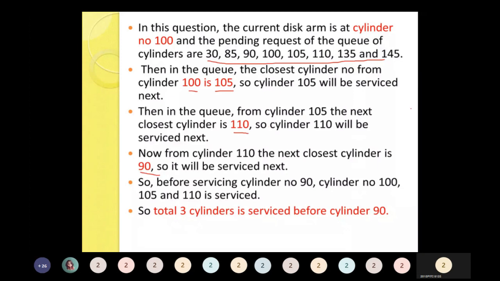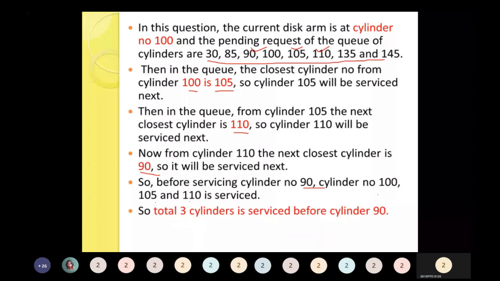Just the closest to 100: 100, then 105 is closest, and then 110 is closest. After 110, the next closest is 90, so 90 should be serviced next. Before servicing 90, cylinders 100, 105 and 110 are serviced.